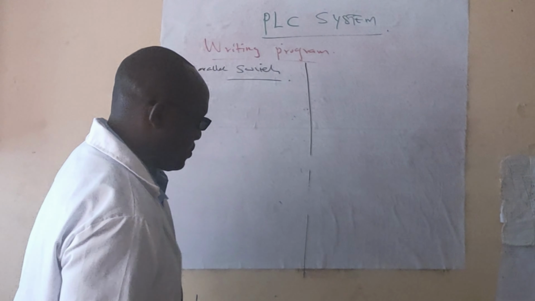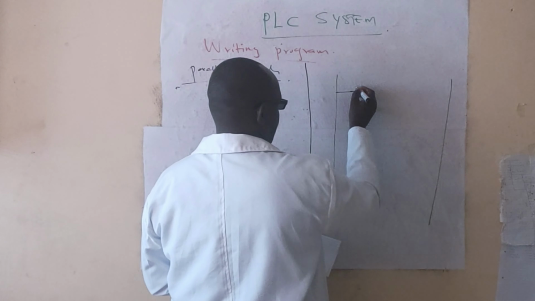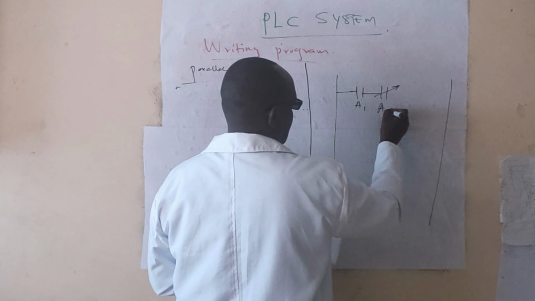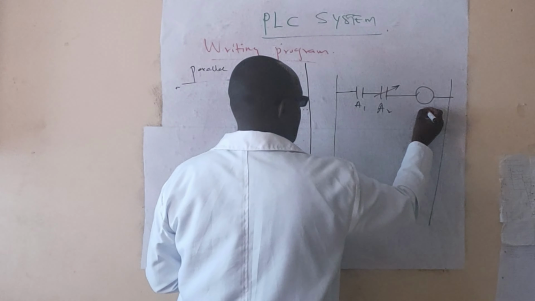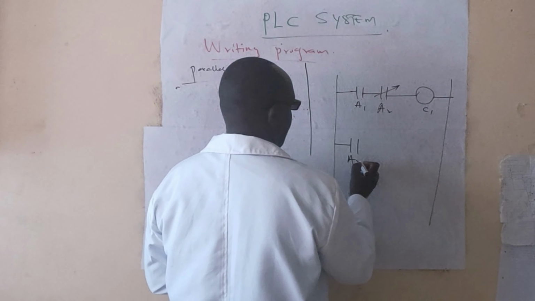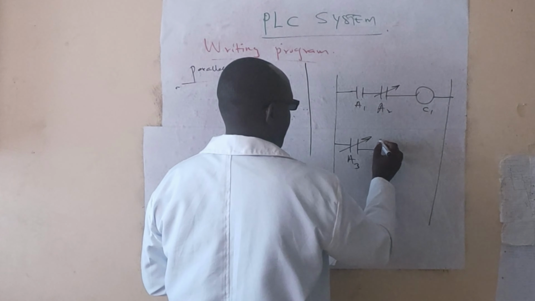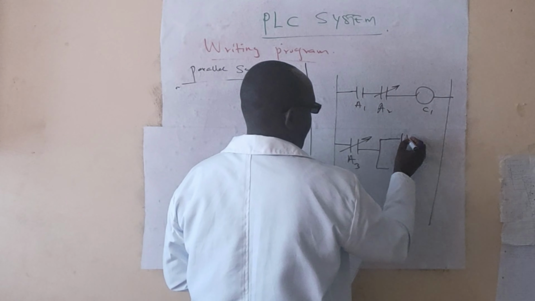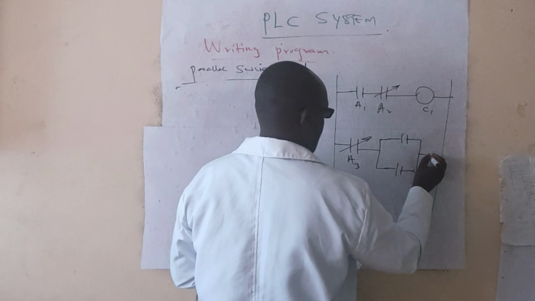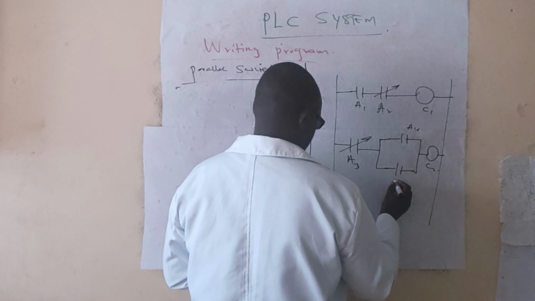So we've been given something like this, and then we are given A1, and then this one A2, C1, this is A3, this is A4, and A5.